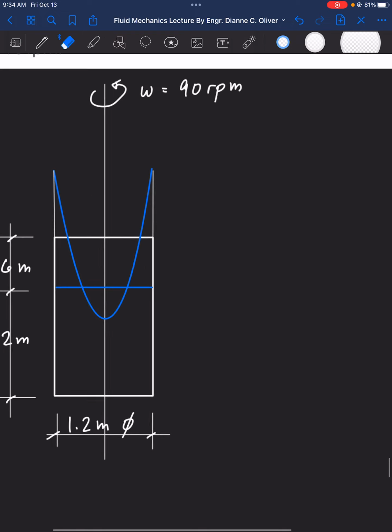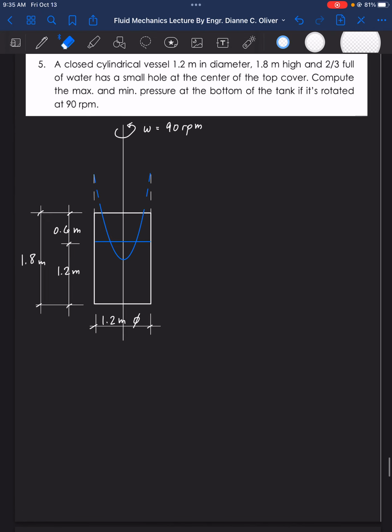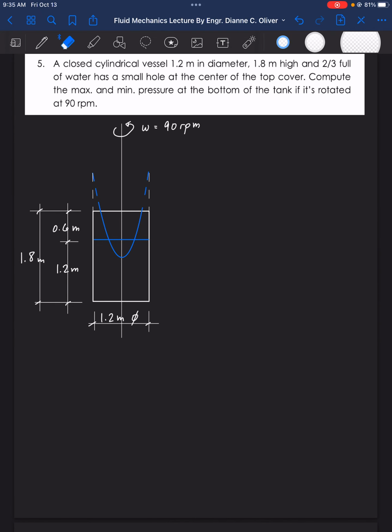That will be the imaginary line and imaginary curve. So our height, we will have here a radius.